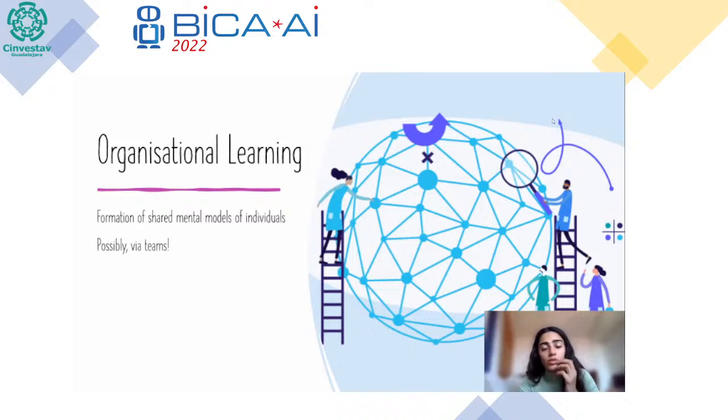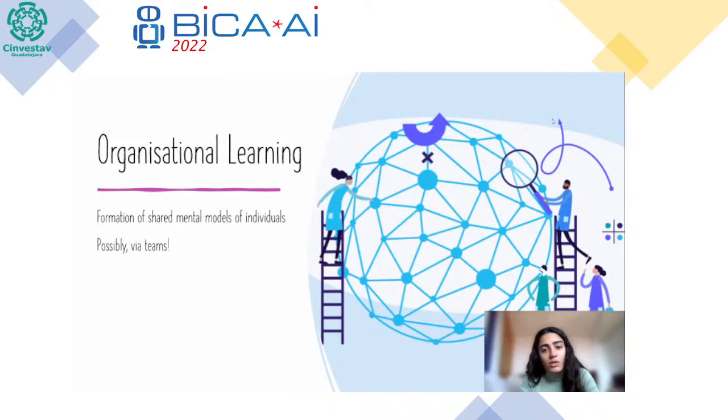It's inevitable to observe a collective learning process in an organization since no person can be isolated from the organization they belong to. This shared learning, sometimes and maybe most of the time, takes place via teams, departments, or small groups of people.